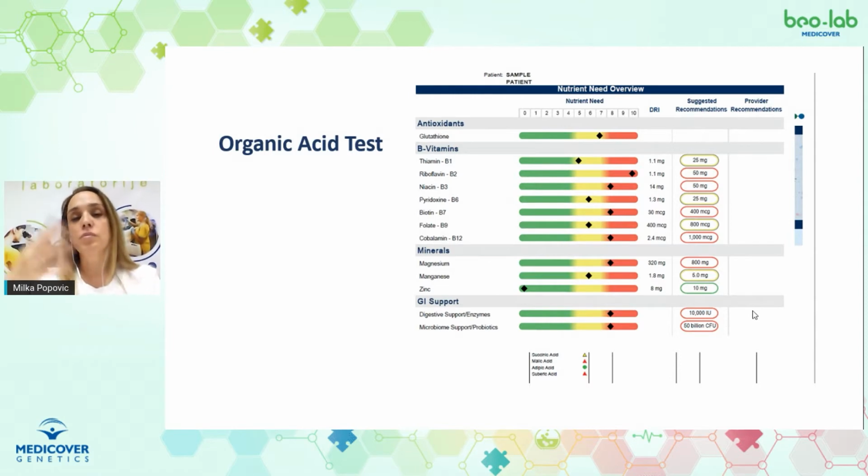contains a display of the nutrient needs we get using this algorithm, based on all the analytes which have been measured in this sample. And this is just a suggestion, of course.